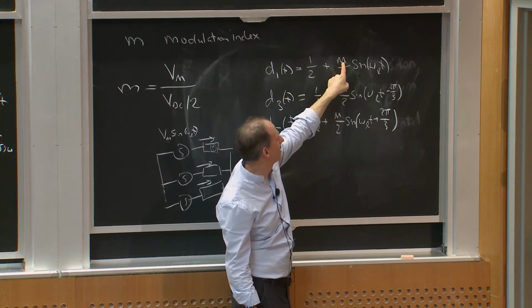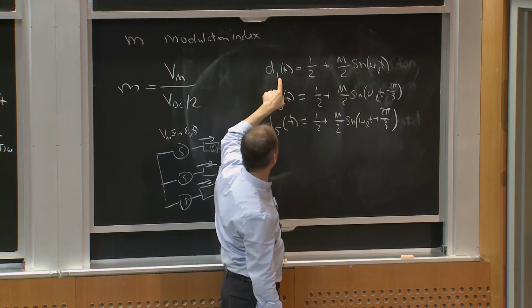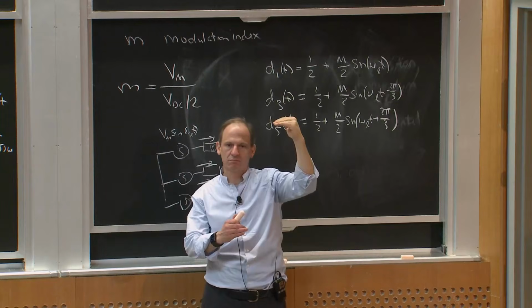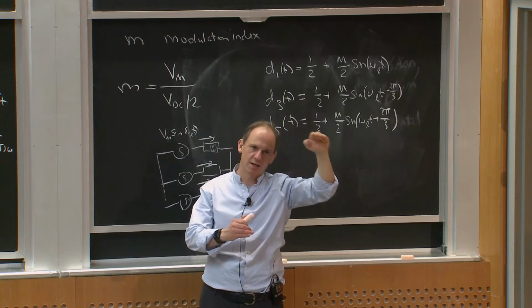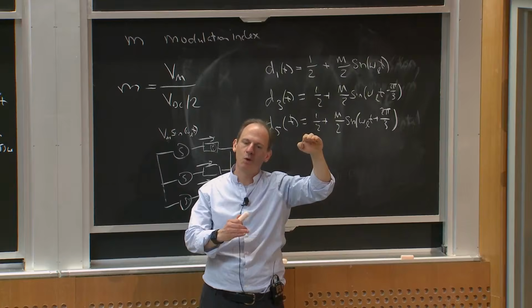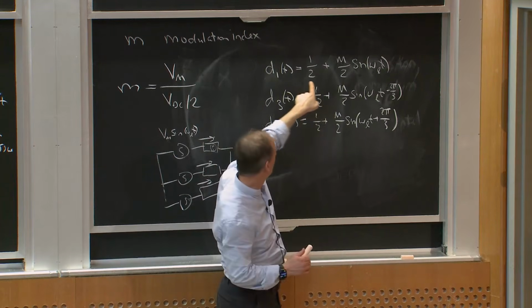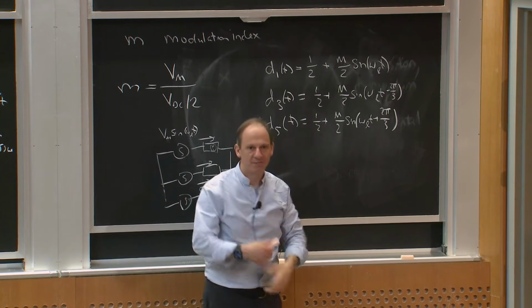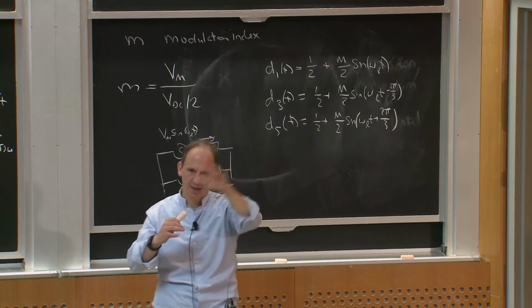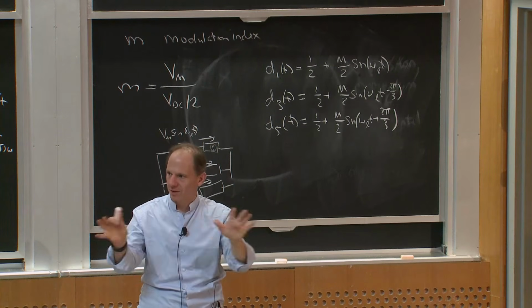Because when m exactly equals 1, the peak of this drives the duty ratio to 1, just touches the top. If I tried to make m 1.5, what would happen is, for some part of the cycle, duty ratio basically saturates at 1, the top switch is on, and I get a bunch of distortion. Is that clear to everybody?